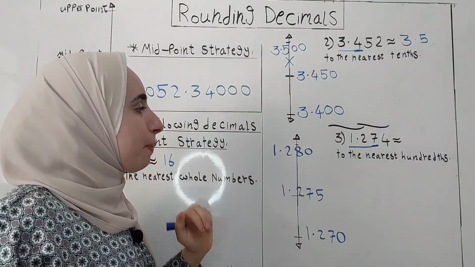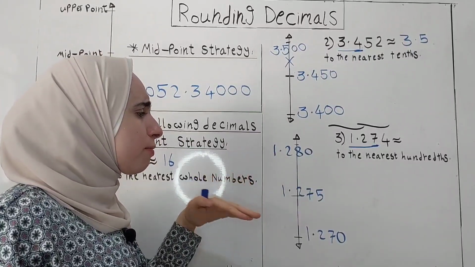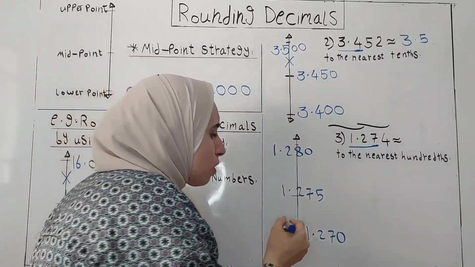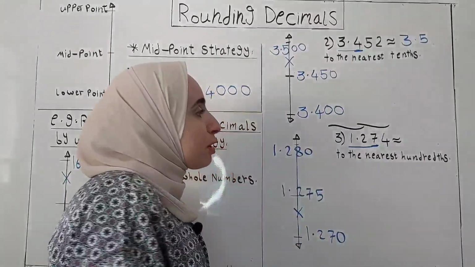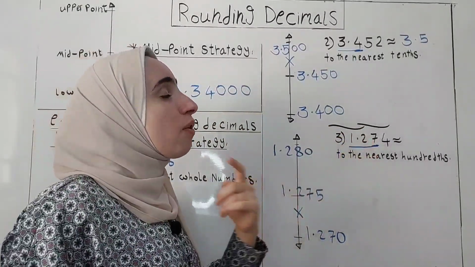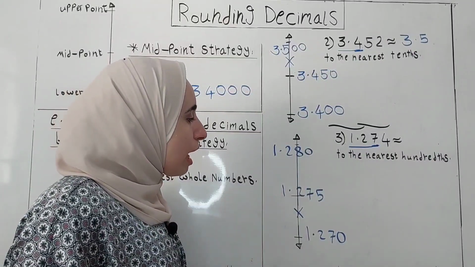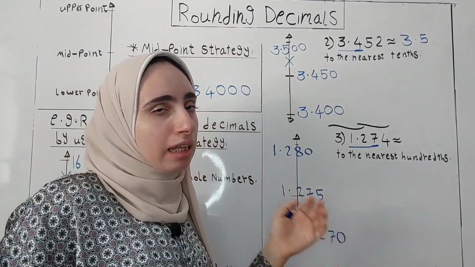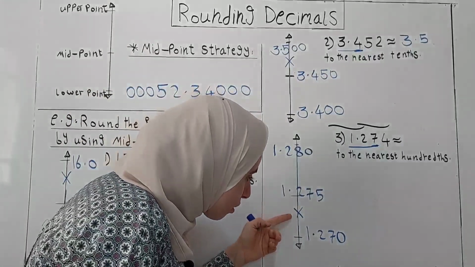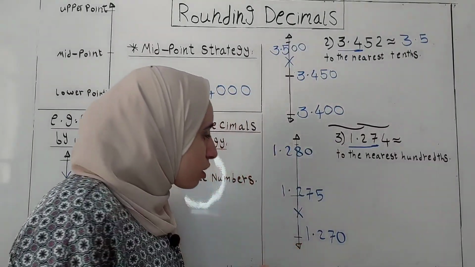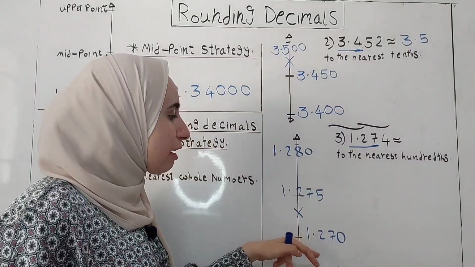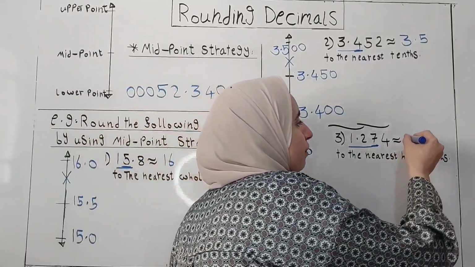Now would this number be above the midpoint or below the midpoint? Below the midpoint, because 224,000 is smaller than 225,000. This number is closer to the lower point, so this number approximately equals 1.27.